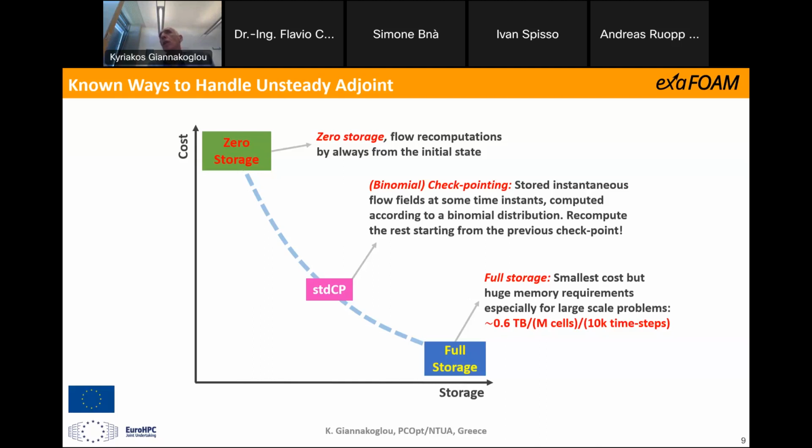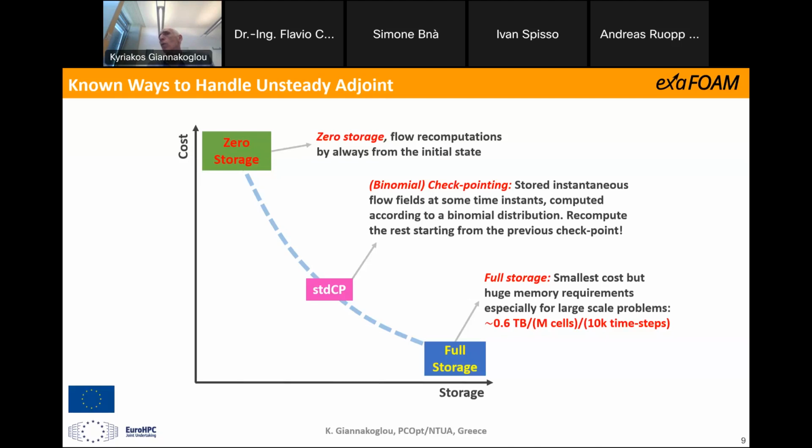On the left, you see the other extreme technique, which is called zero storage. Zero storage means that we are not planning to store anything. Instead, we are going to recompute all flow solutions any time we need them.